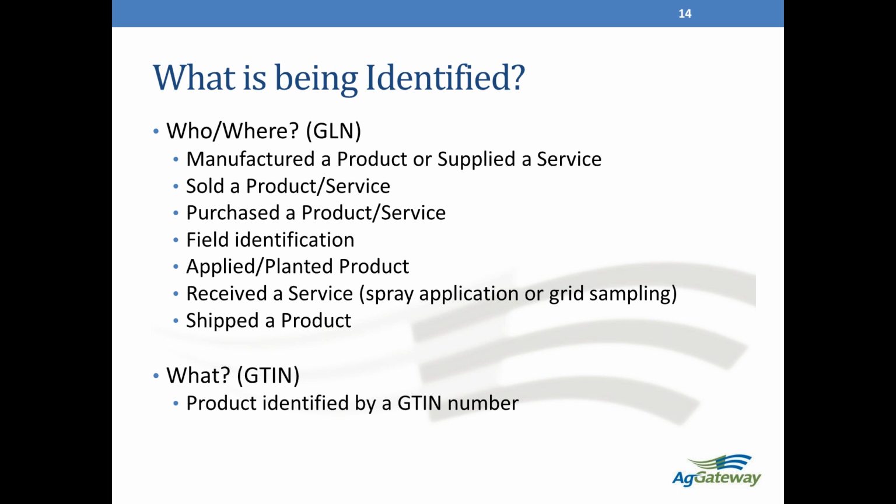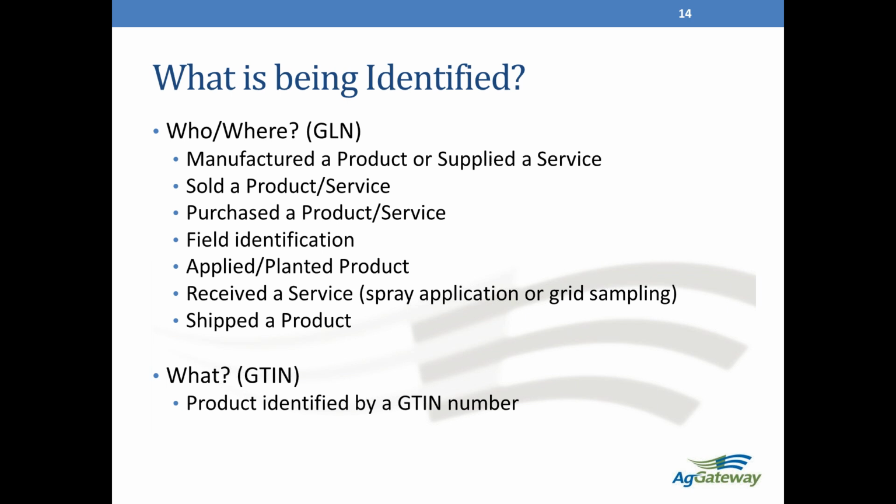So now I'd like to discuss a little bit, behind the scenes, how does this work? It begins with unique identifiers. And that starts with a GTIN, which is a global trade item number, and a GLN, which is a global location number. A GTIN is used to identify products at the lowest saleable unit.